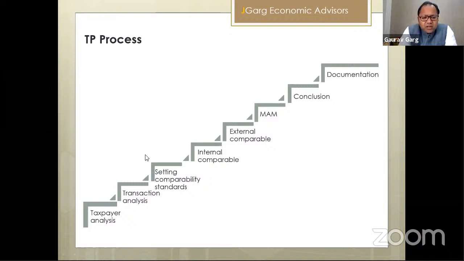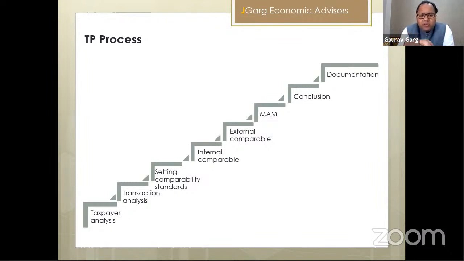So the first step, as you can see, is taxpayer analysis or taxpayer review. What we do in taxpayer analysis is try to understand the equity structure of the taxpayer, the business of the taxpayer, in which industry the taxpayer is operating, what the related entities are, or who all are the associated entities, and what the position of the taxpayer is within the overall group.